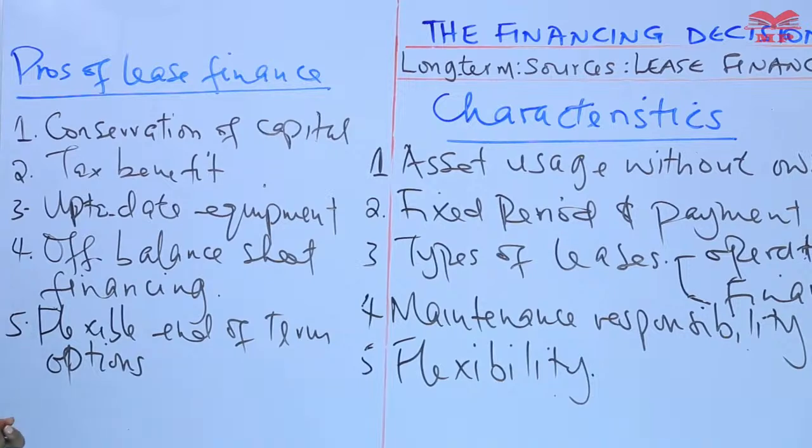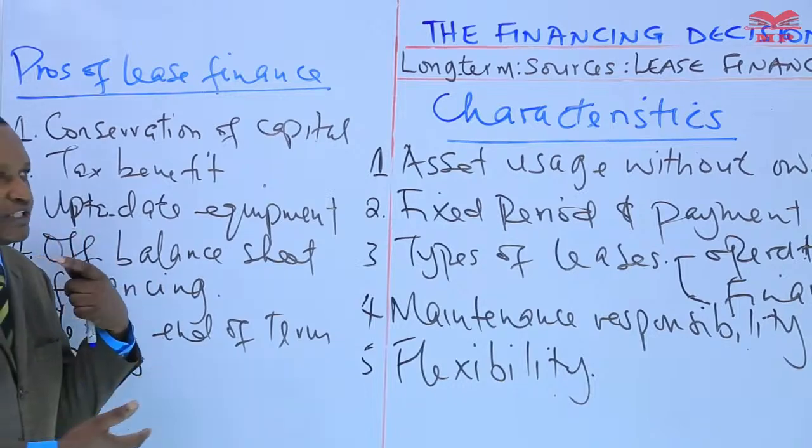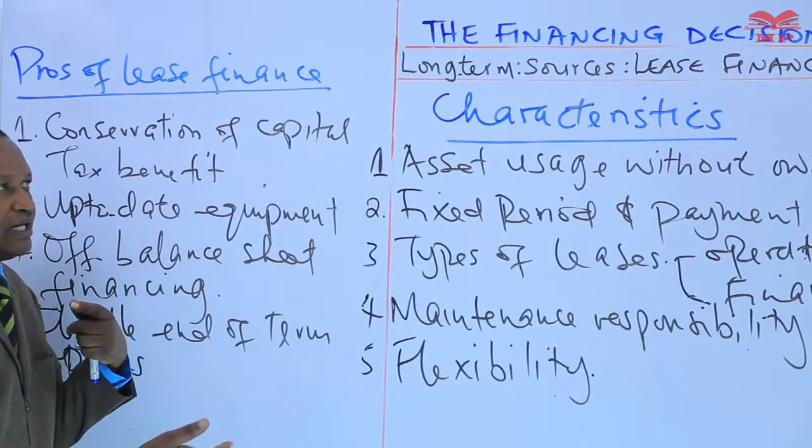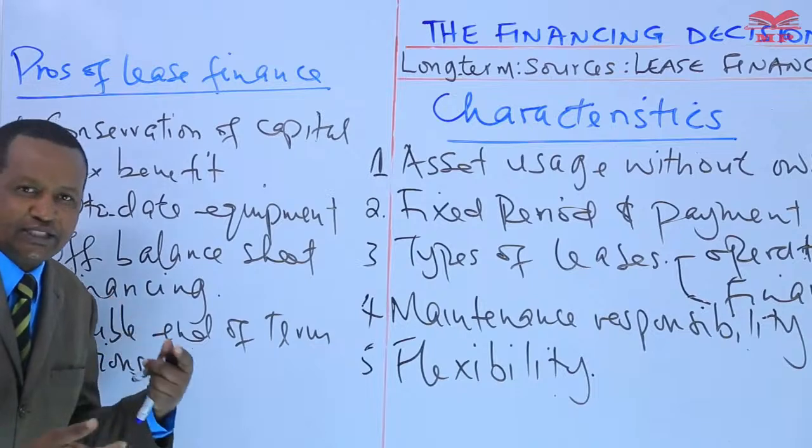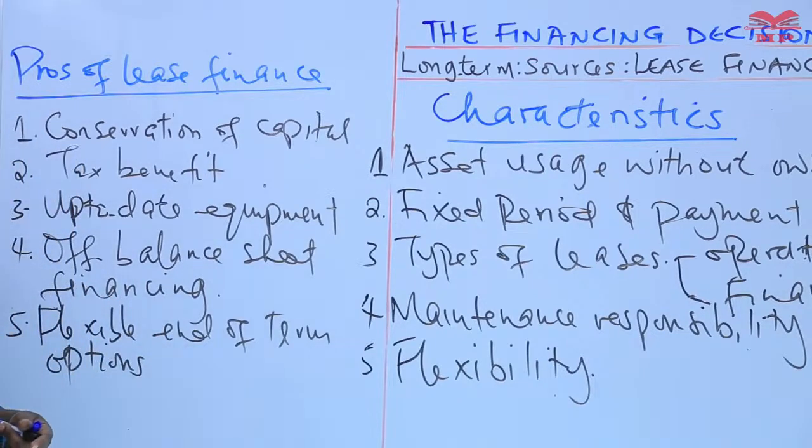At the end of the lease term, businesses often have the flexibility to return the asset, to renew the lease, or to purchase the asset, and the price at which the business can buy the asset may be predetermined. Or another alternative could be entering into a new lease agreement for upgraded equipment. So there are many options at the end of the lease term.